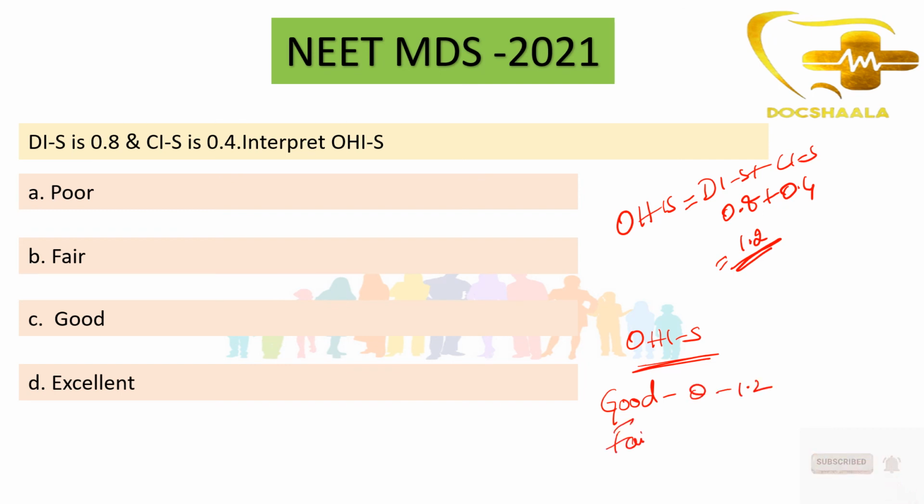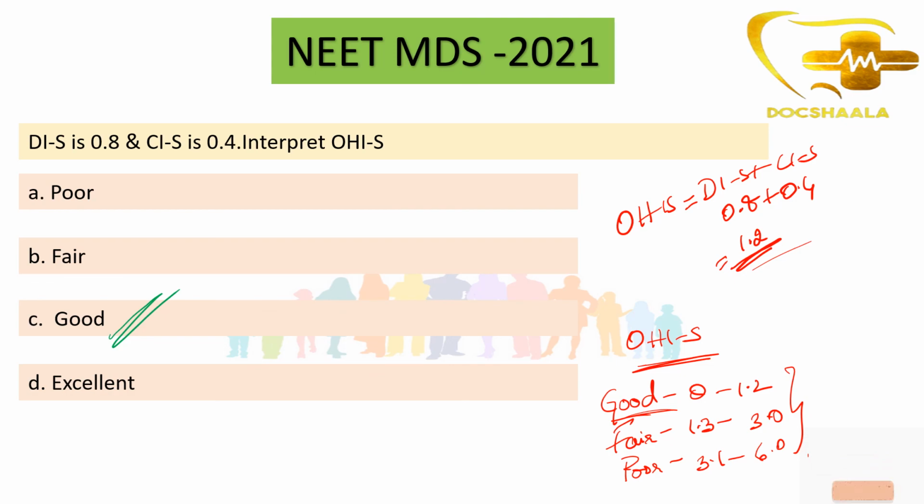Fair will be 1.3 to 3. Poor will be 3.1 to 6, right? So you have to remember this. So 1.2 lies in good. So the OHI-S index, according to the scores they have given, can be interpreted as a good OHI-S index. The option is present in option C. So good will be the answer.